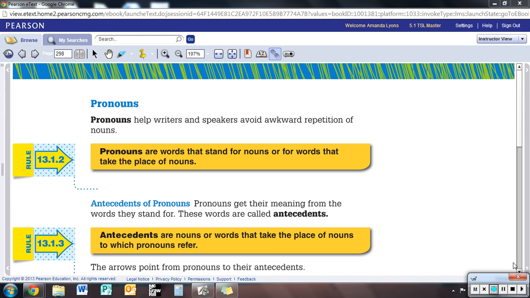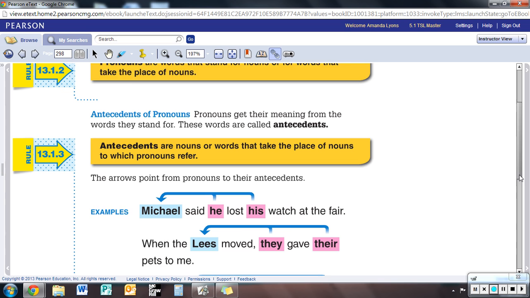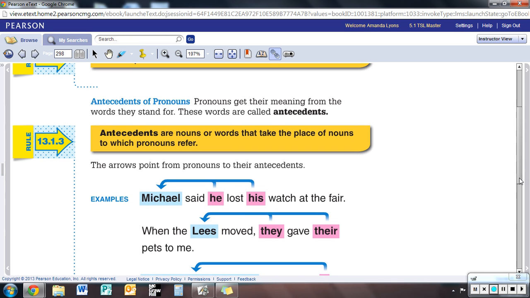One thing that you need to know about pronouns is that all pronouns will have an antecedent, and that's probably something new to you this year. But you can see that an antecedent is a noun or words that take the place of nouns, which the pronouns refer to. Or what I say is antecedents are nouns that the pronoun refers to.